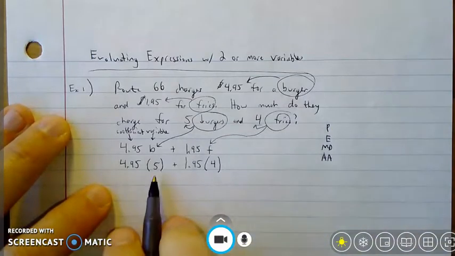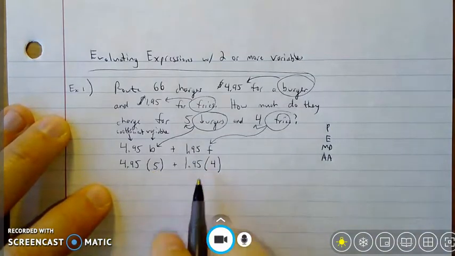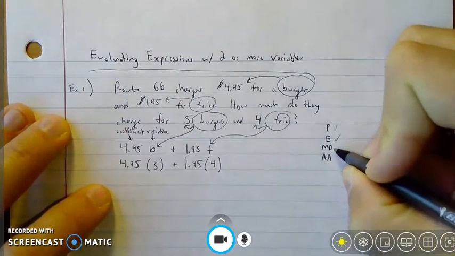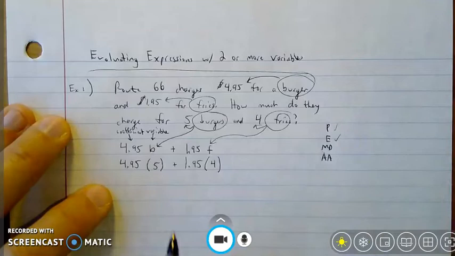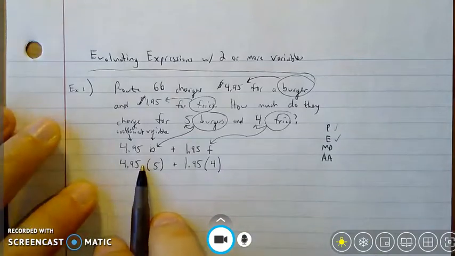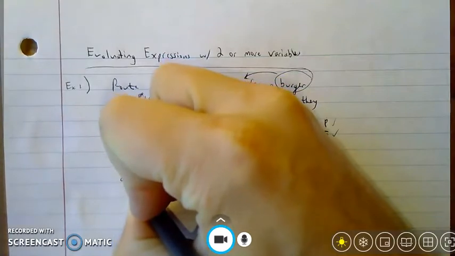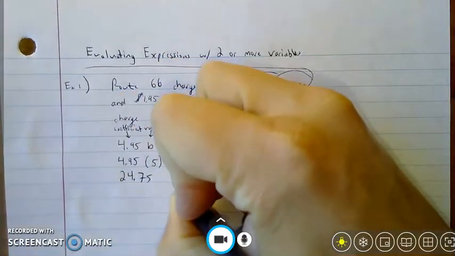parentheses, nothing we can do inside the parentheses. The 4 and the 5 are the only things inside each parentheses. I don't see any exponents. Multiplication and division, I do have multiplication, so I can do 4.95 times 5, which gives me 24.75.